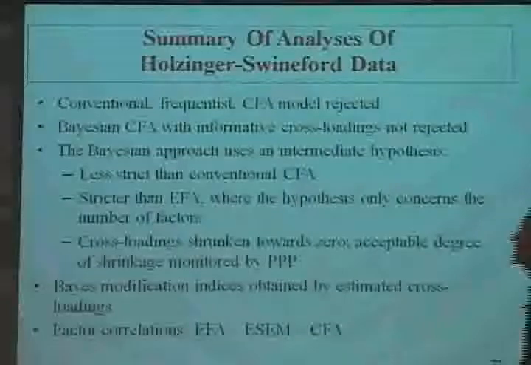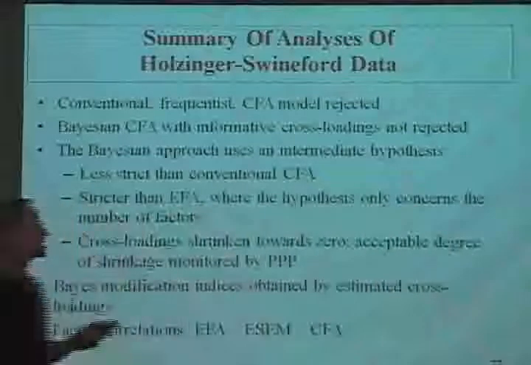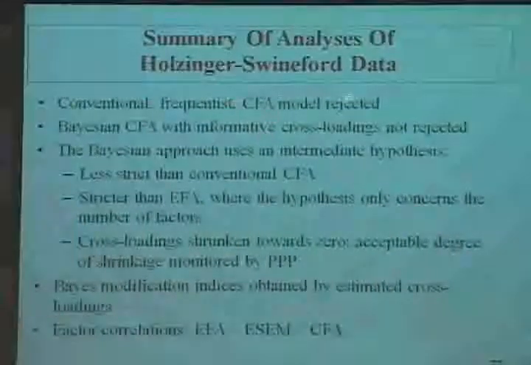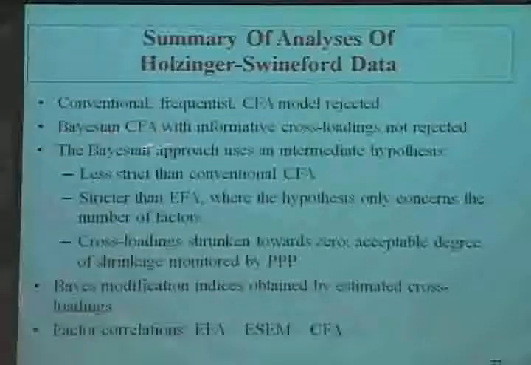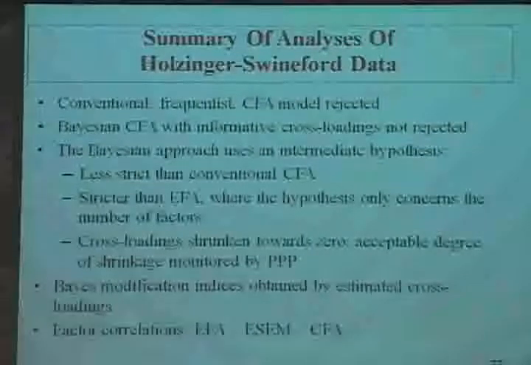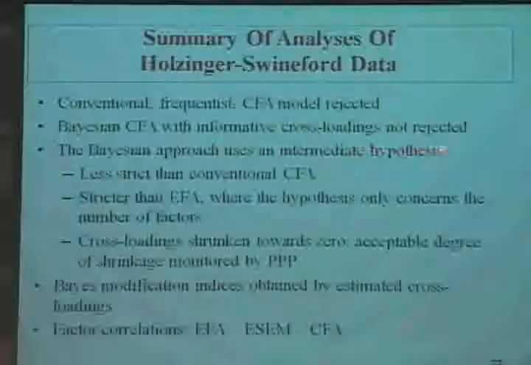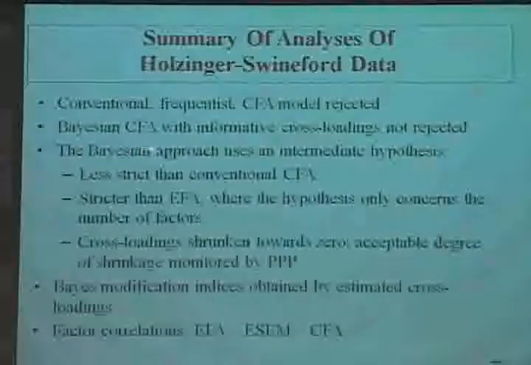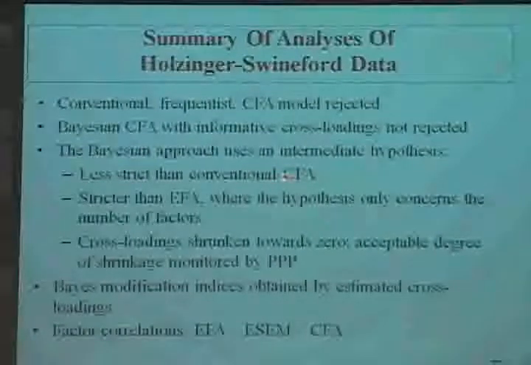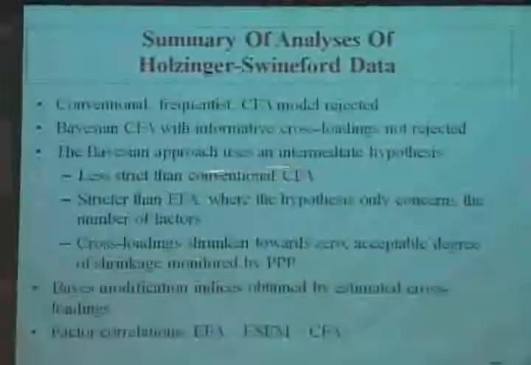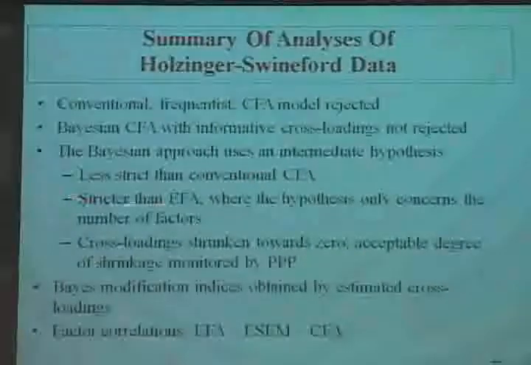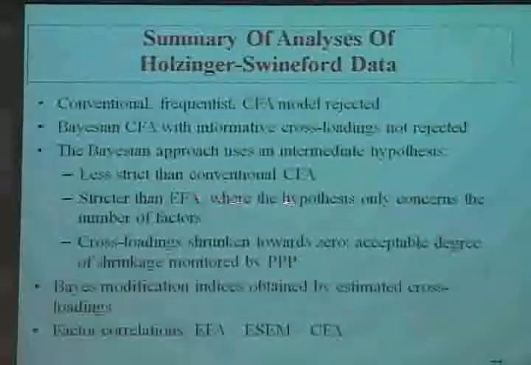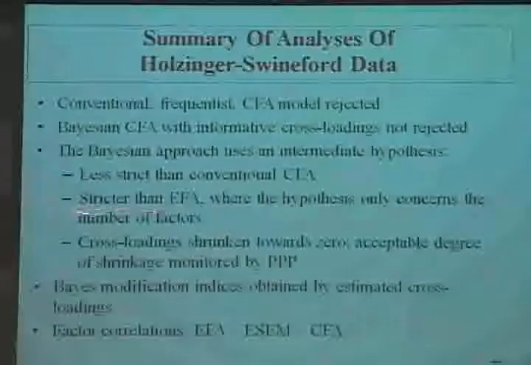So we conclude that the conventional frequentist CFA model is rejected. Bayesian CFA with informative cross-loadings is not rejected. And it's interesting to think about this now. The Bayesian approach uses an intermediate hypothesis that is less strict than conventional CFA, allowing these cross-loadings, but stricter than EFA. In EFA, the hypothesis only concerns the number of factors.